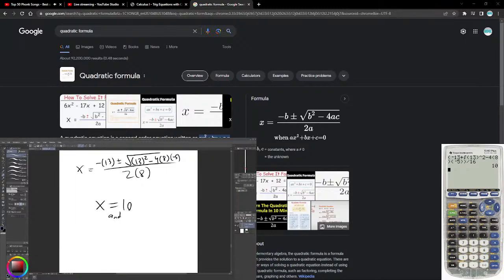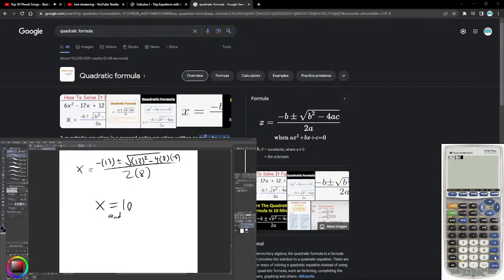And negative 13 minus the square root of 13 squared minus 4 times 8 times negative 5. I forgot to put that whole thing in parentheses.